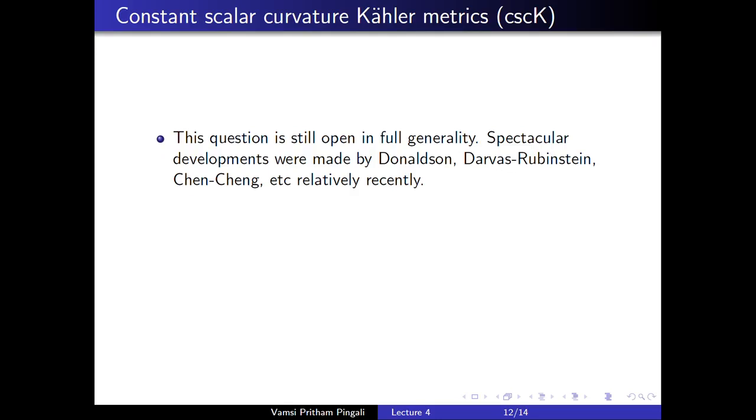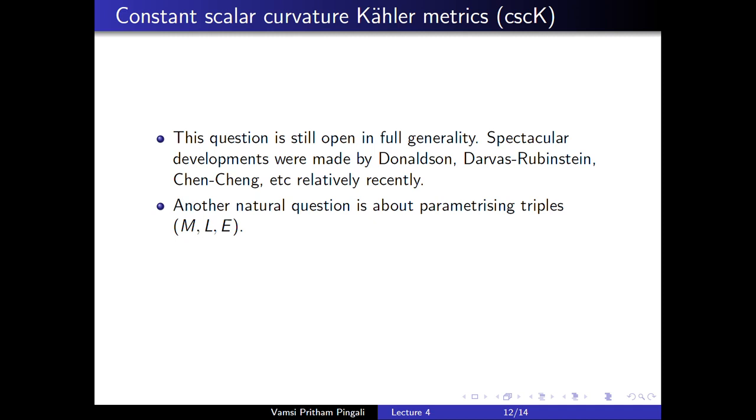Then Xiuxiong Chen and Jingrui Cheng, whose work I believe is the topic of one of the lecture series in this workshop, made some more spectacular analytic developments. There are lots of other developments, and I'm sorry, I'm skipping many of them. But this question is still fully open.